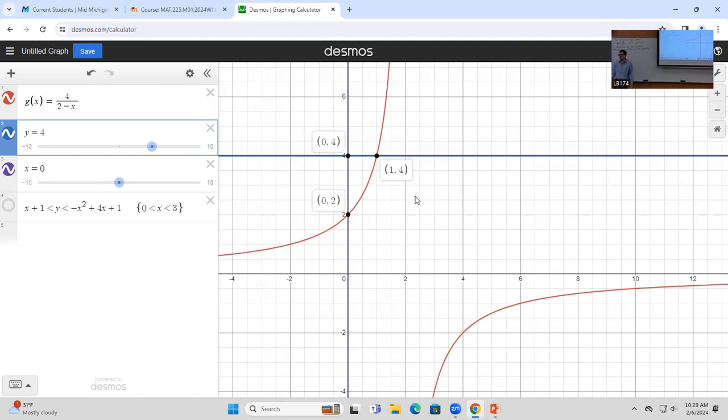And you'll notice that the top curve of that region is the curve y equals 4. And the bottom curve is g of x. Again, I'm talking about in that specific region.